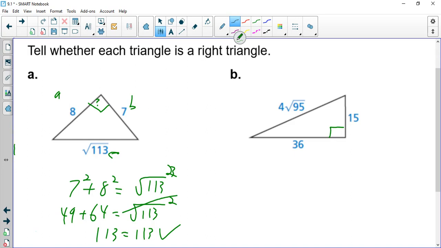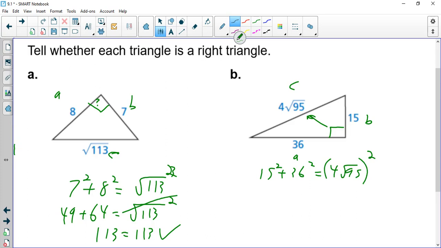Okay, right here. We're checking to see if this works. So we're going to say A, B, C. Okay, so 15 squared plus 36 squared should equal 4 root 95 squared.